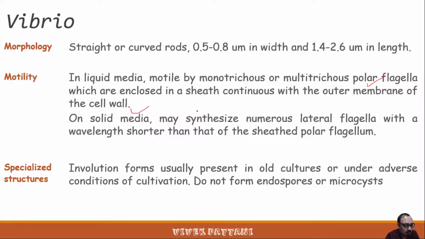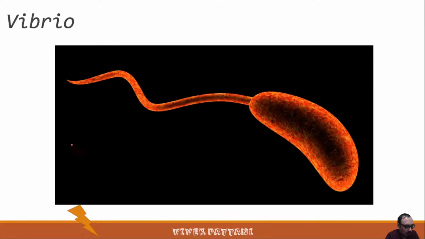On solid media they may synthesize numerous lateral flagella with a wavelength shorter than that of the sheathed polar flagellum. They do not form endospores or microcysts. This one is a photograph of a Vibrio.